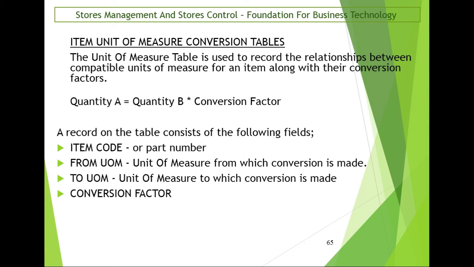So we do this using a unit of measure conversion table, so that we can say a 6-pack is equal to 6 individual units. We say a 12-pack is equal to 12 individual units. 1 kilogram is equal to 1,000 grams. 1 liter is equal to 1,000 milliliters.